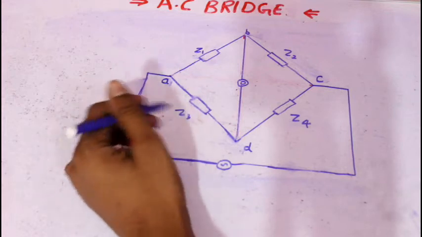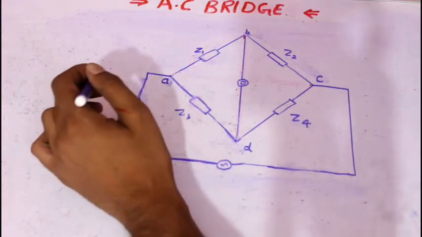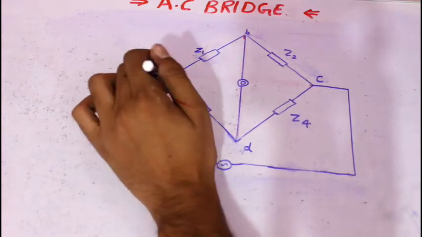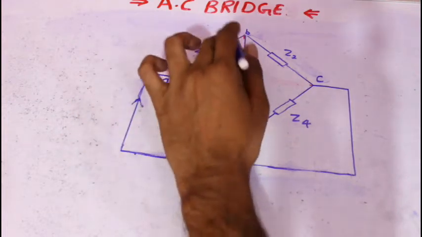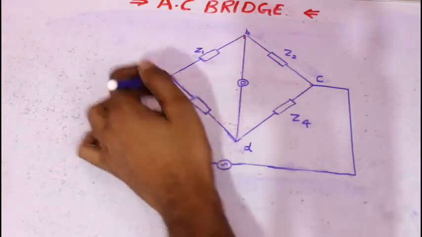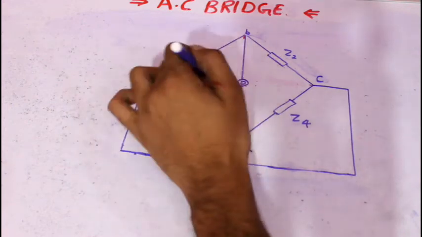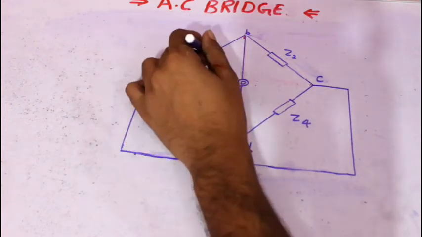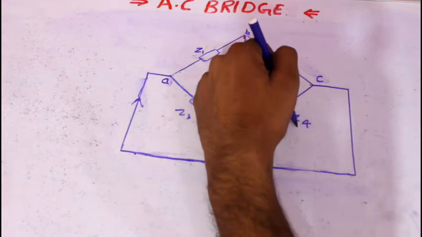So, let's derive the general balance equation for the AC bridge. This is an AC bridge. We have 4 arms AB, BC, CD and DA, and in these 4 arms we have 4 impedances Z1, Z2, Z3 and Z4.